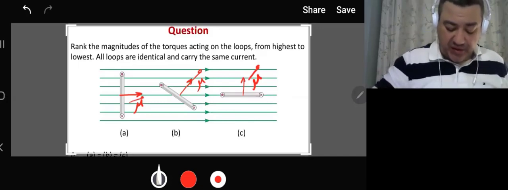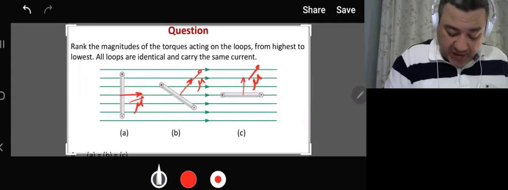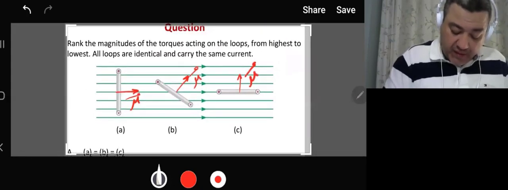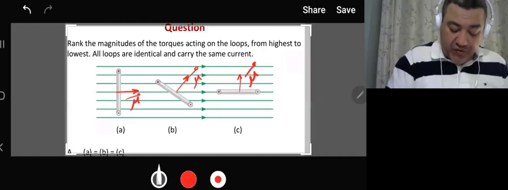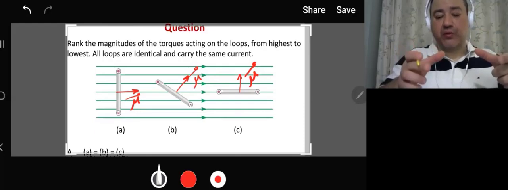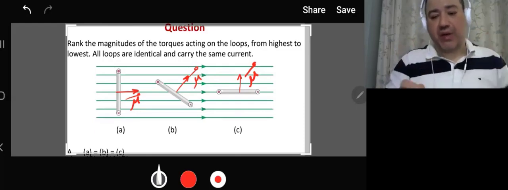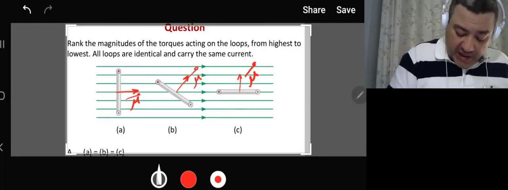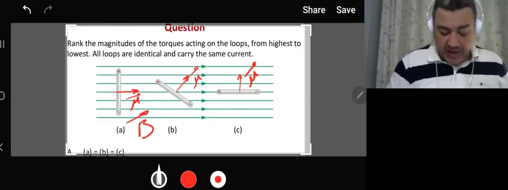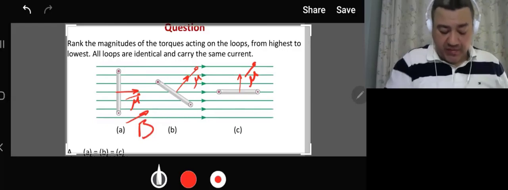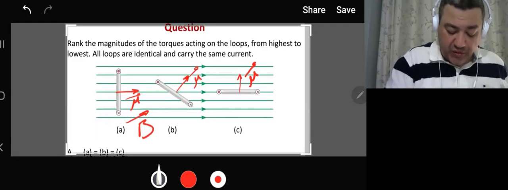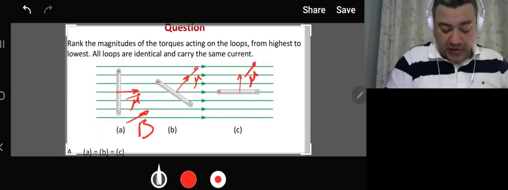So this is the external magnetic field. The torque applied on that loop will always tend to rotate it such that the magnetic dipole moment is aligning with the magnetic field. In this way, the torque induced on that loop will cause it to align.